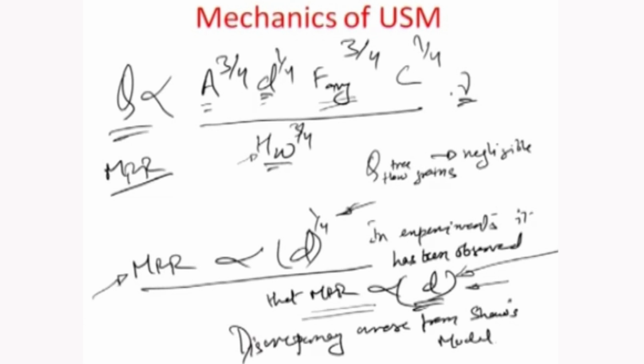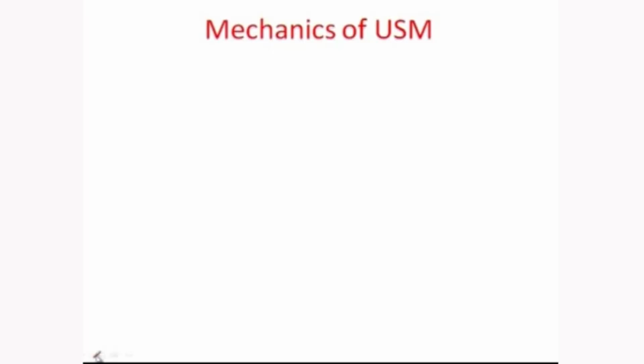So, this discrepancy was addressed by Shaw finally by looking at the overall shape of the grain. Okay. So, Shaw actually looked at the grain shape under a microscope and found out that the grain actually is not a spherical grain, but a sort of flowery structure, okay, on the surface, something like this.